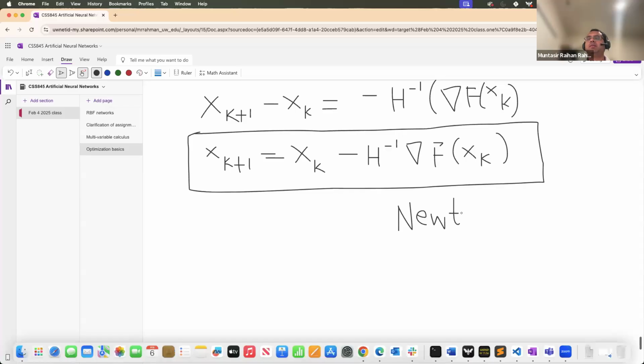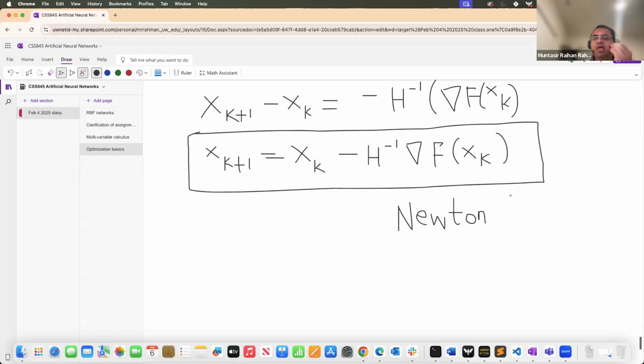Can someone tell me a drawback of Newton's method? More computationally expensive. Exactly, it's really computationally expensive. If x was a 2 or 3 dimensional vector, it's probably okay. But in a neural network, x is the parameter space, the weights, and you might have millions or billions of weights.